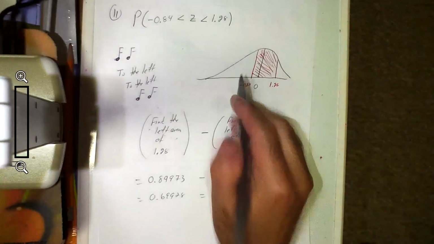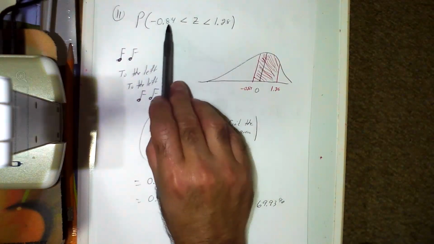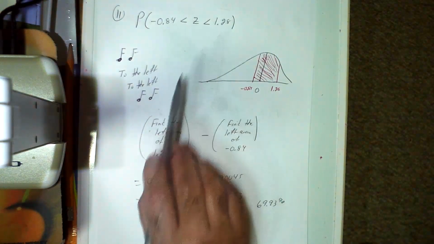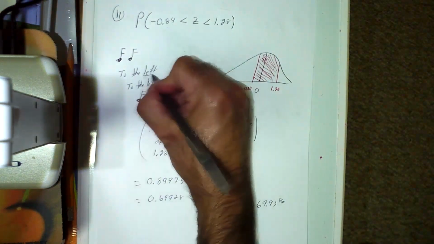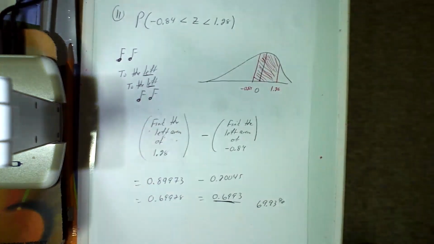You have to look up both of these numbers individually in StatDisk, get the left areas, hence the Beyonce song, and then subtract them. Now, why do you subtract them?